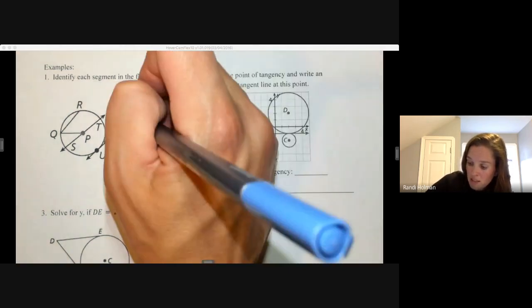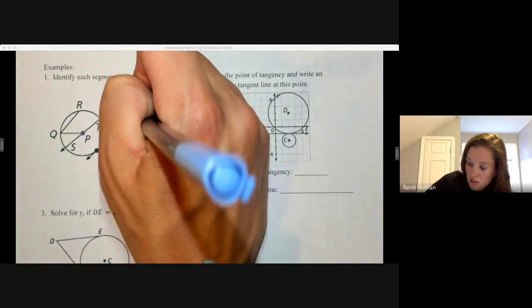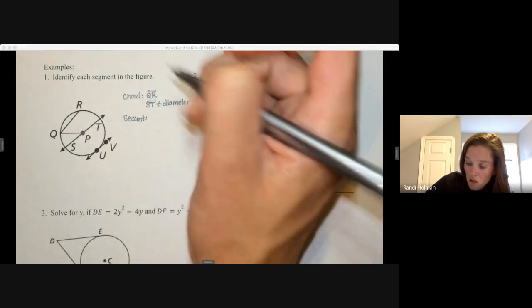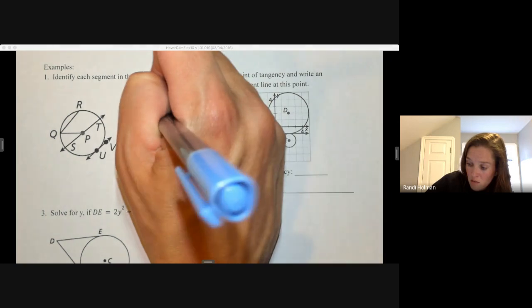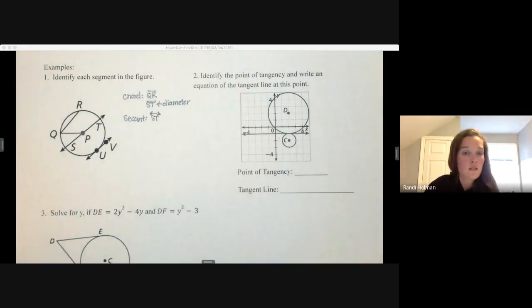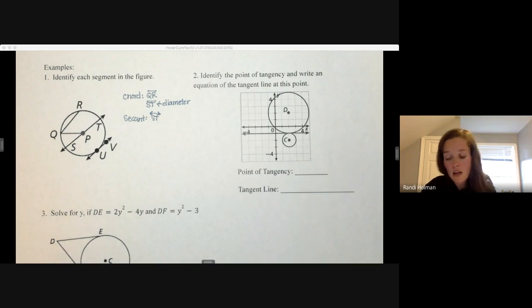We have a secant. Really only one option here that's drawn as a line, and that would be ST. It's a line. You could also call that line SP or line PT, line TS, right? All of those are the same line.